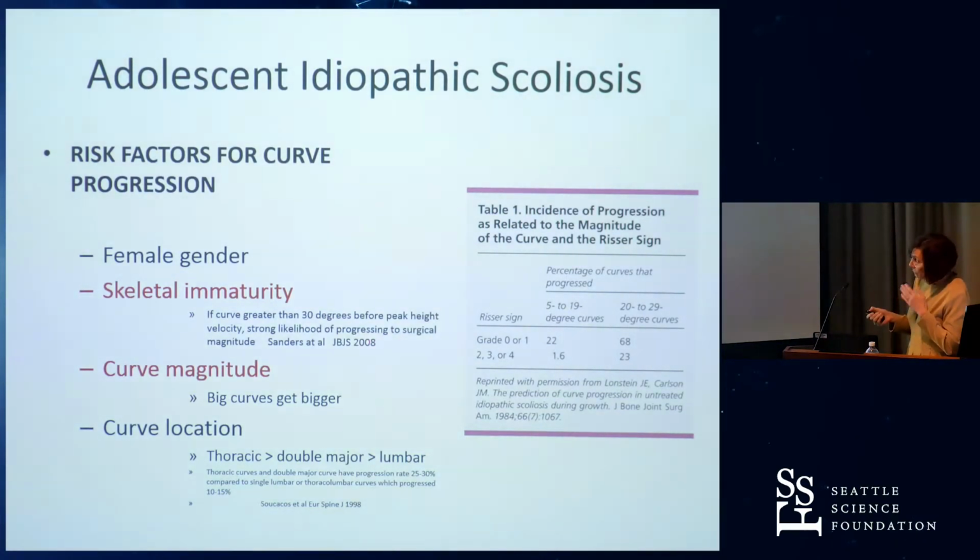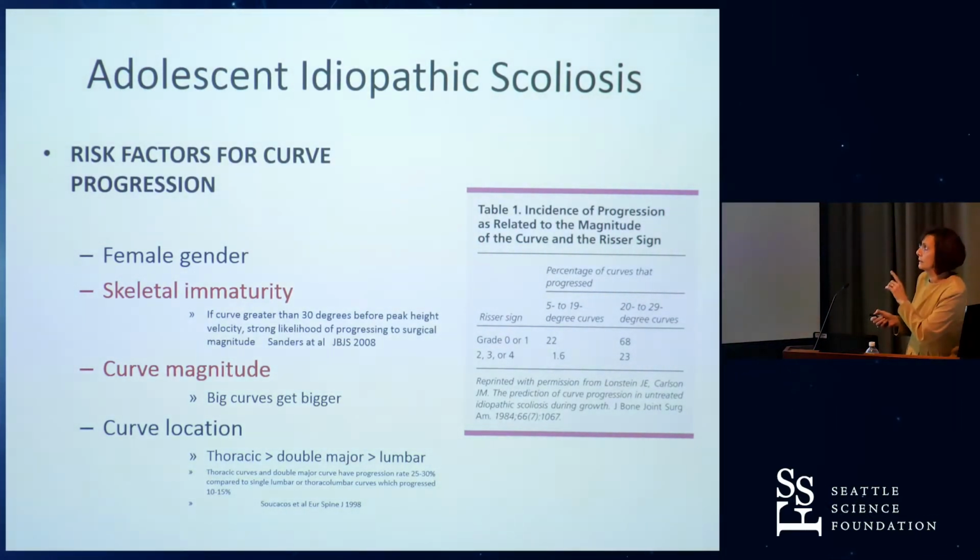Again, we will look at this paper a little bit more, but if you have a curve that measures 30 degrees or so, before you hit your peak height velocity, almost all of those end up progressing to a surgical range. This was a paper a bit earlier in the 80s, which was delineating skeletal maturity by the Risser sign.